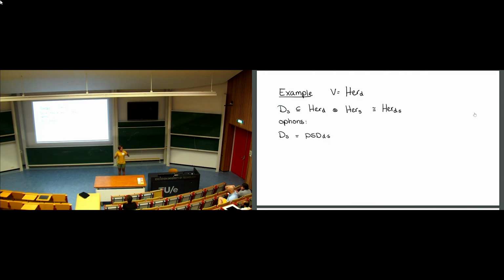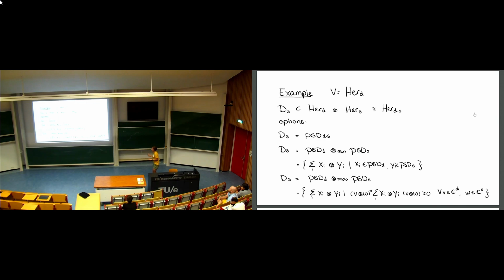And this is valid because with contractions, you will again get a PSD cone of a bigger or smaller size. So this is something you could do. But what you could also do is, again, different options. You could take the minimal tensor product of these two PSD cones. And this will also be a valid abstract operator system over this vector space. Or, you might see it coming, the maximal tensor product that I talked about before. Here's the definition, but it's exactly this dual notion.